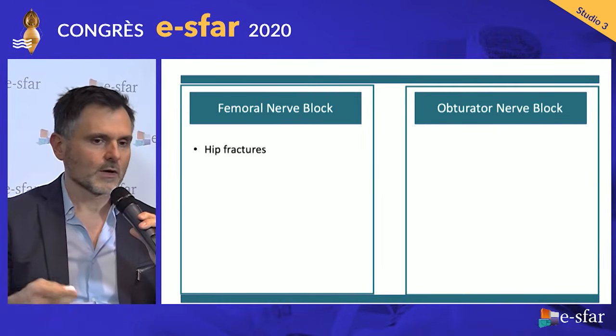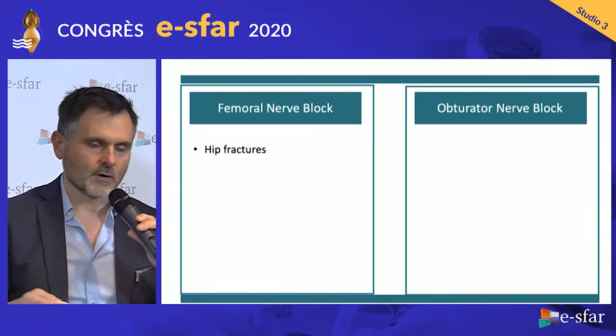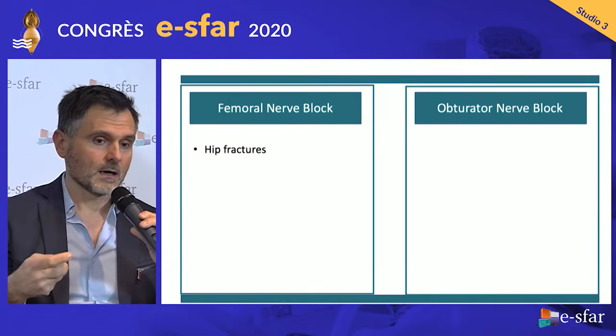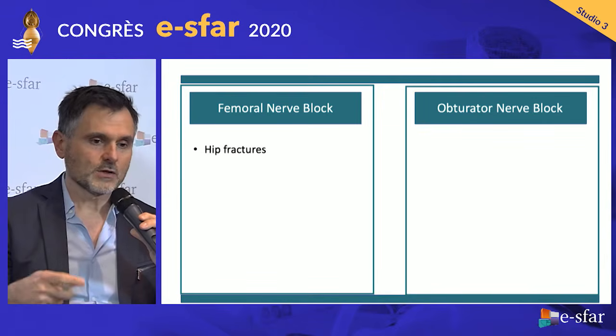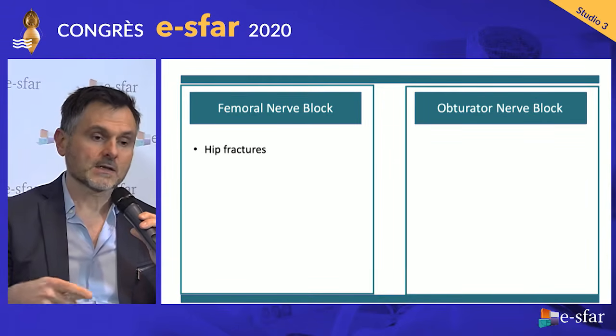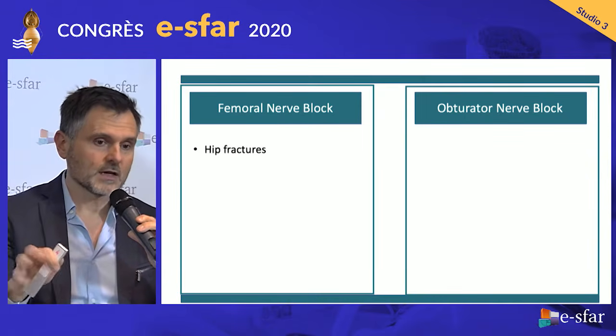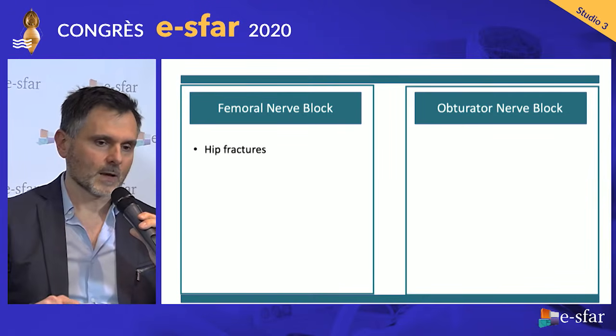So it is a very good technique for hip fracture. Furthermore, this femoral nerve block must be done as quickly as possible, if possible in the emergency room, to allow analgesia without morphine use.